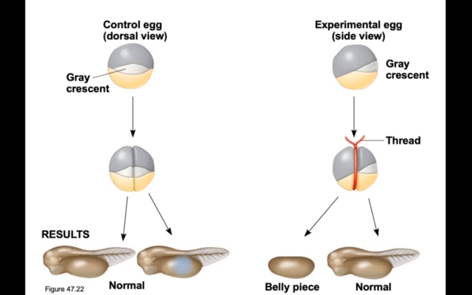So over time, the way we come to think about this is that naturally the default developmental state for these tissues is to form the ventral side, and you need that special area in the gray crescent, where that cytoplasm was mixed, we talked about a minute ago. You need that special area to tell where the dorsal side is going to be. When you have that gray crescent, that establishes dorsal, and then ventral can occur opposite that. So in the absence of gray crescent, you get all belly.